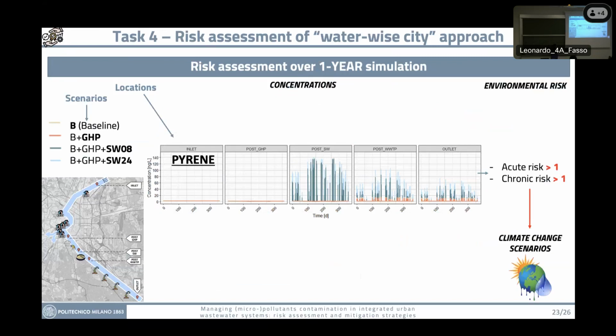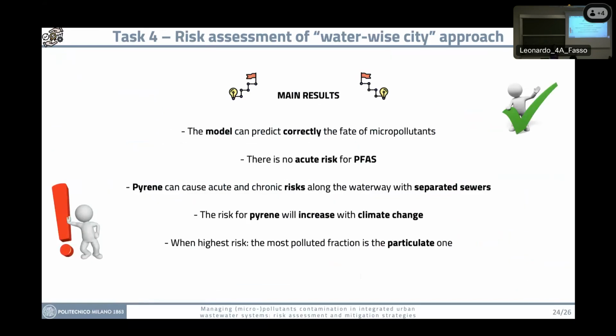To summarize some main results: as I said, we looked at the baseline situation to check the model prediction, and we found that we can correctly predict the fate of pollutants. And there is no acute risk for PFAS, but pyrene can cause acute and chronic risks along the waterway due to separated sewer systems.